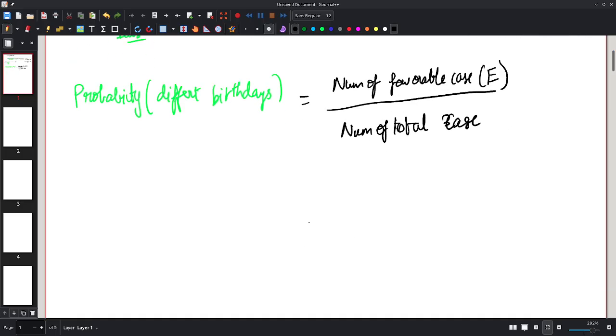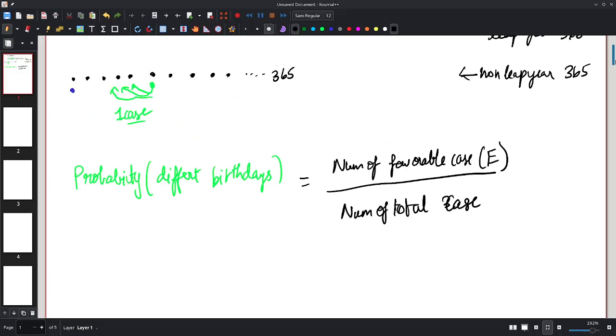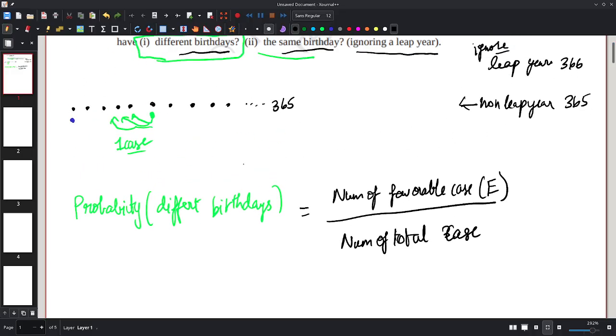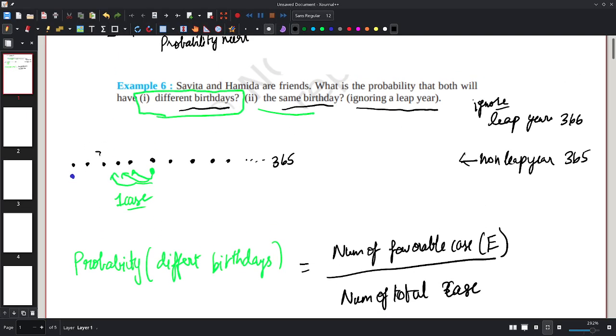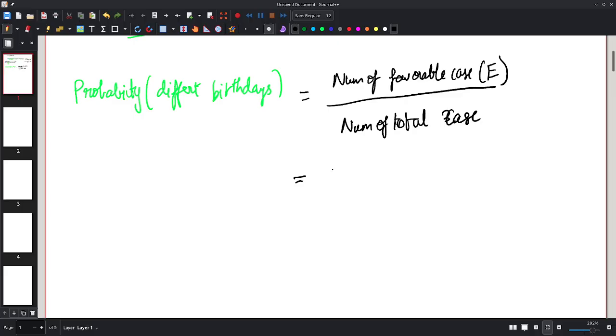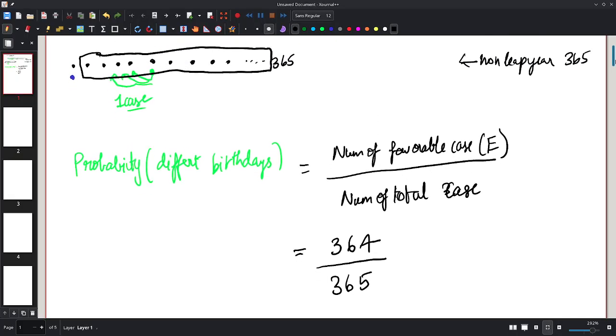The number of favorable cases is where Hamida's birthday falls on a different date from Savita's. Hamida can jump to 364 dots, so the birthday ends up on a different day. So that is 364, which is one less than the total days, right? This is the probability that the persons end up with different birthdays.